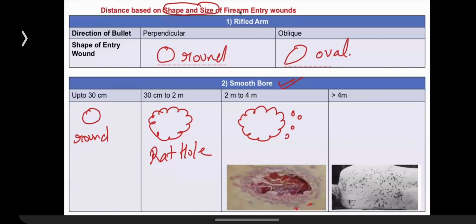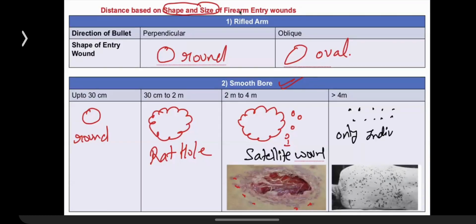So these few separate wounds are called satellite wounds. After 4 meter, there are only individual pellet wounds.